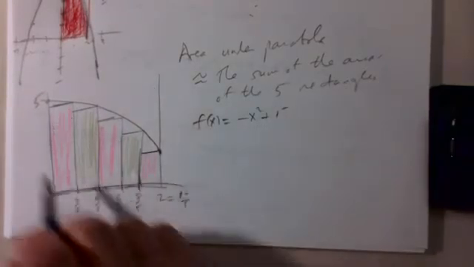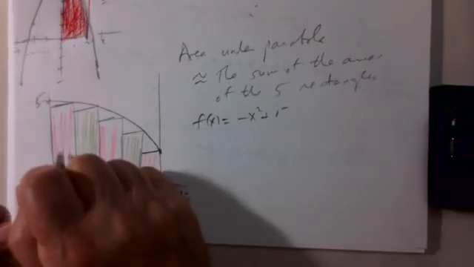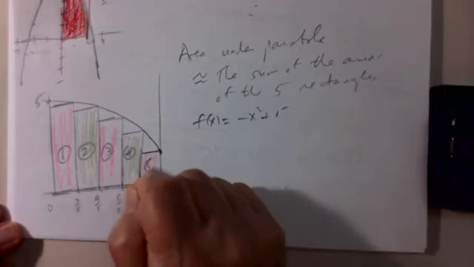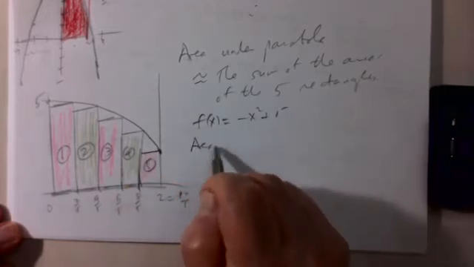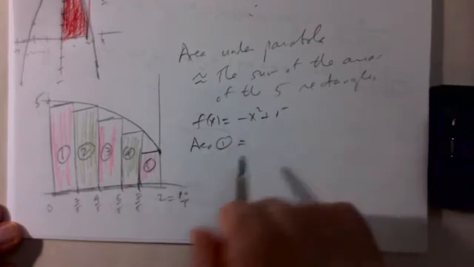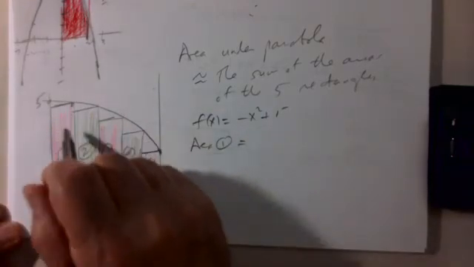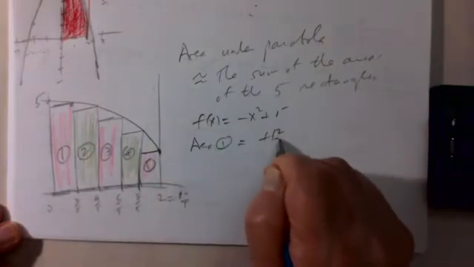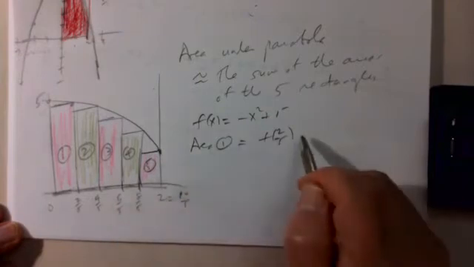So what is the area? Let's call this 1, 2, 3, 4, 5. So the area of rectangle 1 is the base times the height. The height is just the value of the function at 2/5: f of 2/5 times the base.